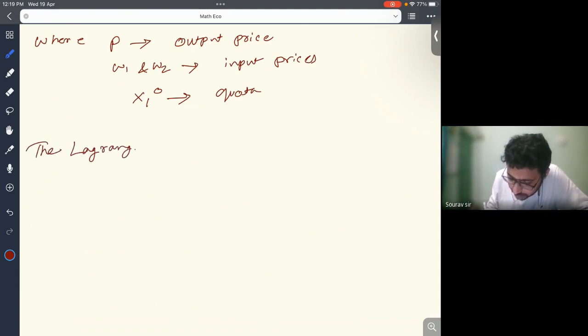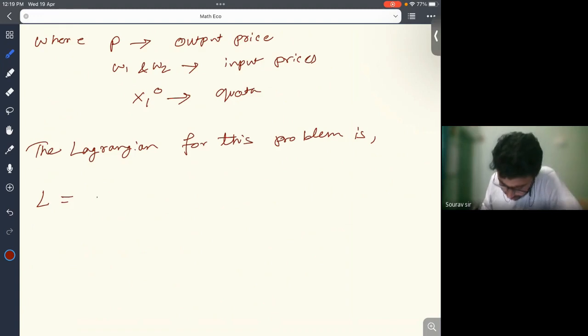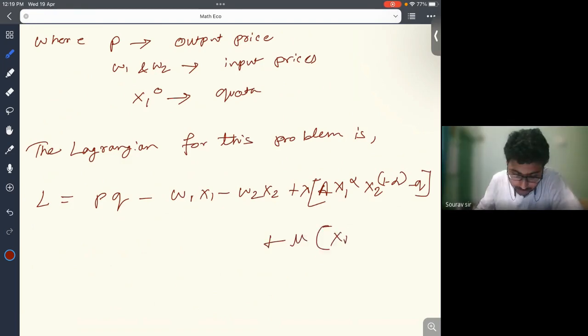The Lagrangian is L is equal to PQ minus W1 x1 minus W2 x2 plus lambda of (A x1 to the power alpha x2 to the power 1 minus alpha minus Q) plus mu of (x1 minus x1 to the power 0).